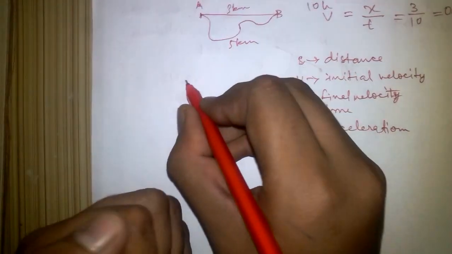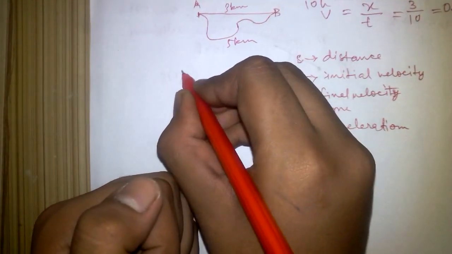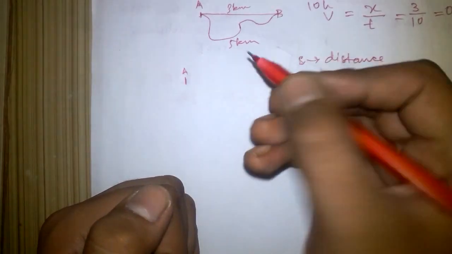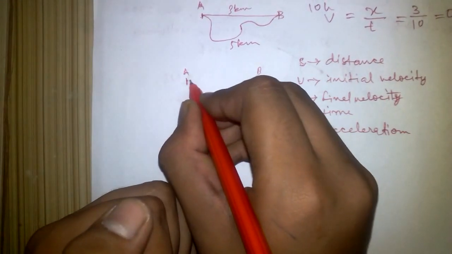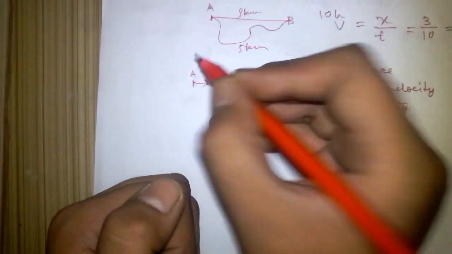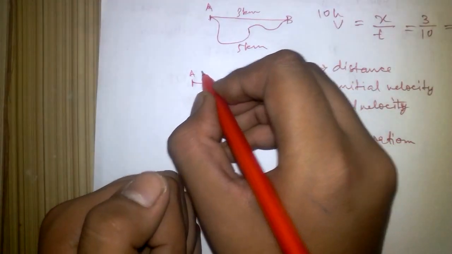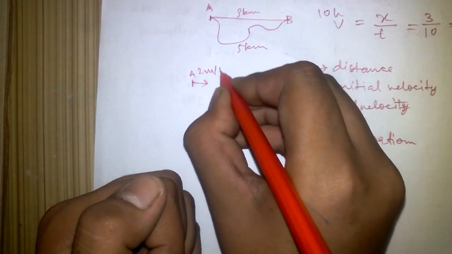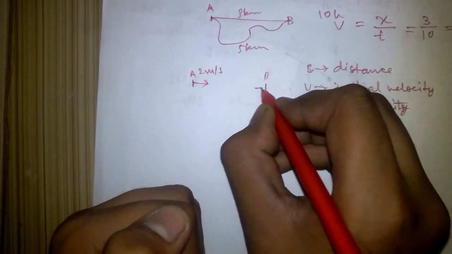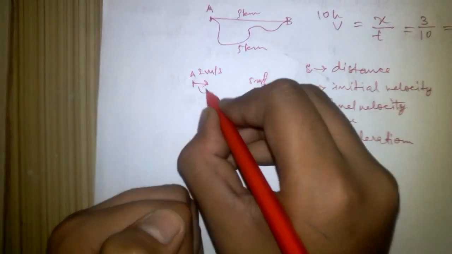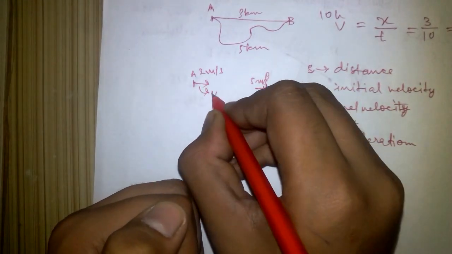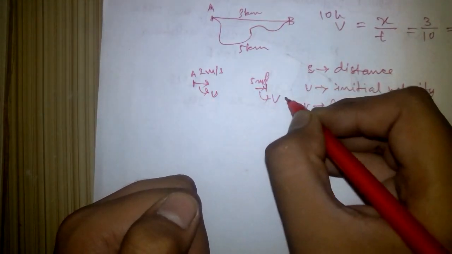Suppose here is a car A, an object A, and here is point B, and the object started with a velocity of, suppose, 2 meters per second, and it reached a velocity of 5 meters per second. Then this will be the initial velocity and this will be the final velocity.